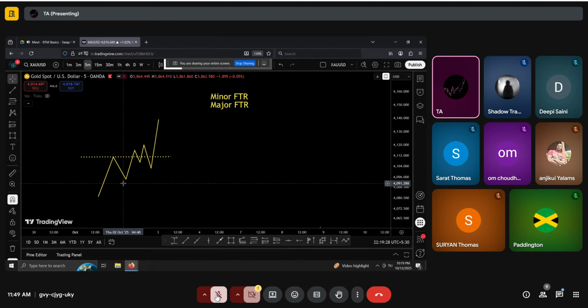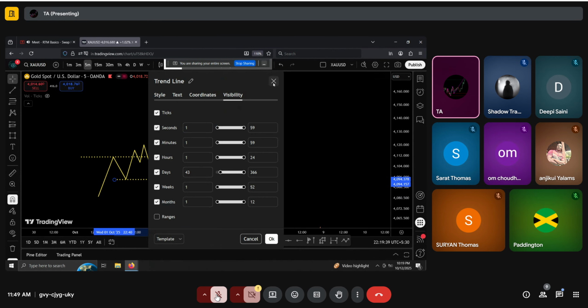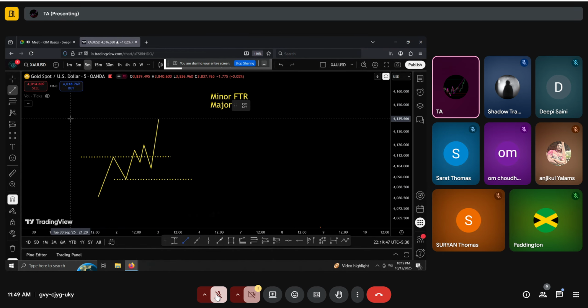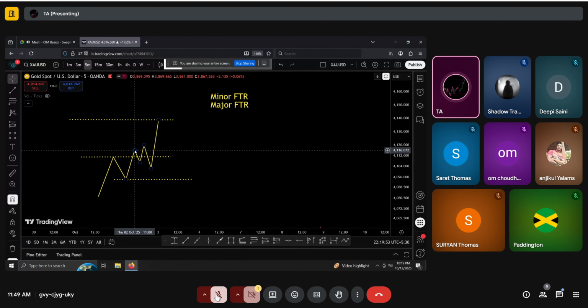So what happened here? Think like this, the entry level was here for this move, and the target was somewhere here, right? So when price crossed this the first time, pulls back, goes up, but could not reach this target.